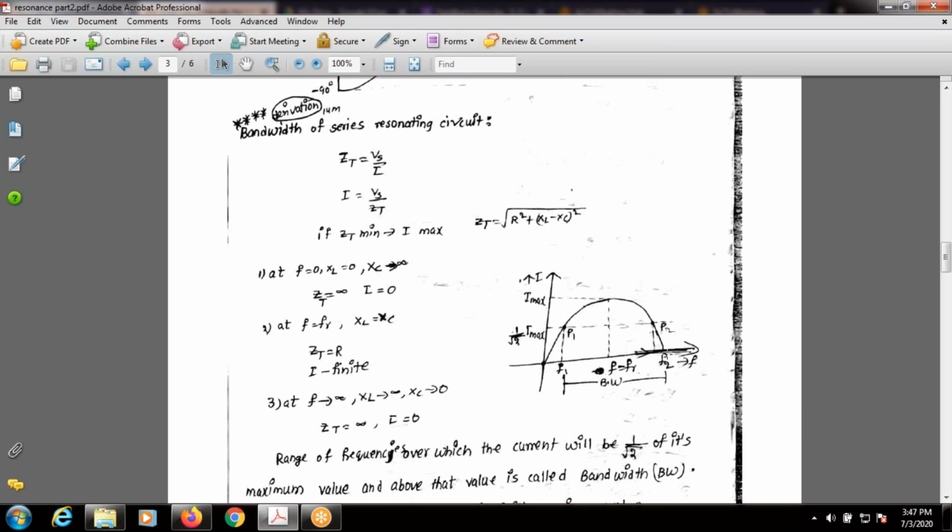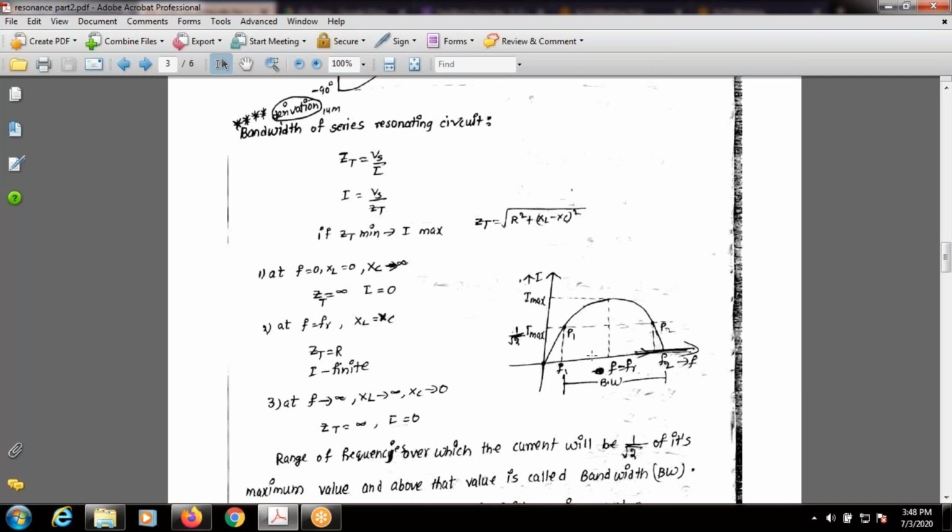This is also a curved shape, it increases to a maximum and again decreases. Now here there are 2 points, P1 and P2. These 2 points are called off power points. That means at these points the observed power becomes half of the generated or applied input power.